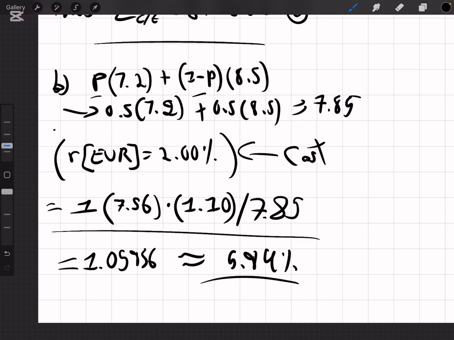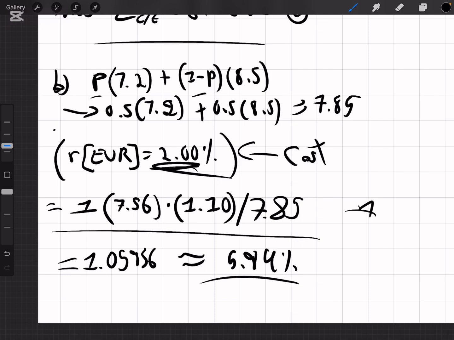And you can't forget your cost is what you are missing out on by doing the carry trade. So by converting your euros to CAD and investing in the CAD with the higher interest rate, you are missing out on that 2% here, okay?